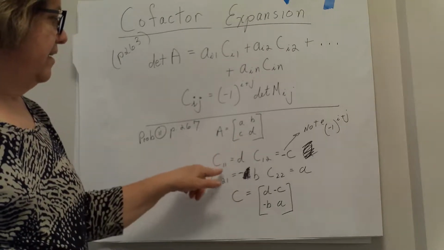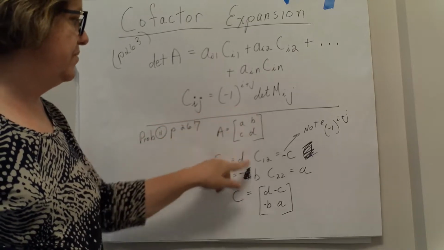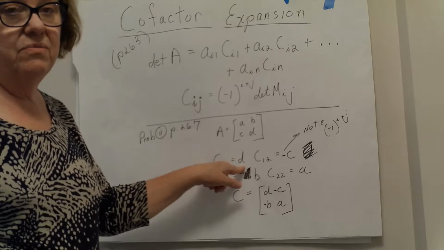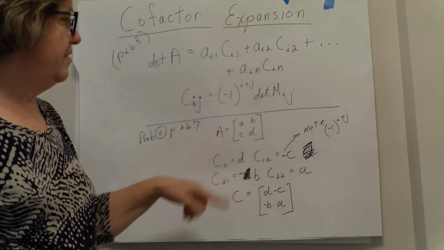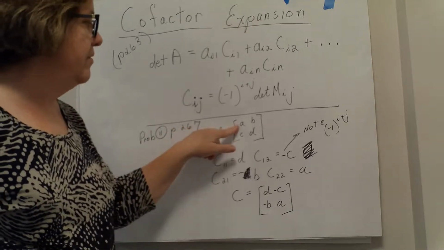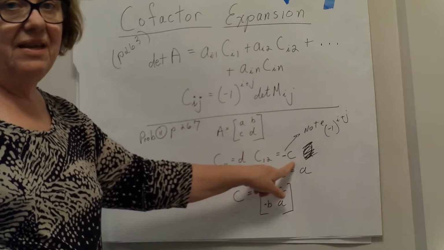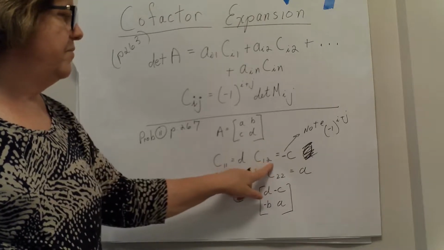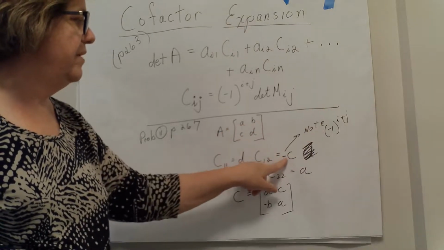So C11 would be what we get when we eliminate the first row, first column. Well, all we have is D. -1 to 1 plus 1 is -1 squared, that's 1, so it's just D. C12 would be what we're left after we take away the first row and the second column. And that would be C. That's all we have left. But first row, second column, 1 plus 2 is 3. -1 to the 3 is a negative.